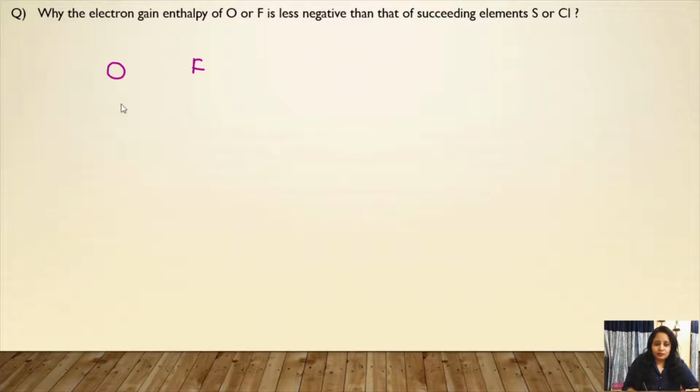This is sulfur below the oxygen, and below the fluorine is chlorine. Now the configuration of this, we can say 16th group, this is a 17th group, this is second period, and this is third period.